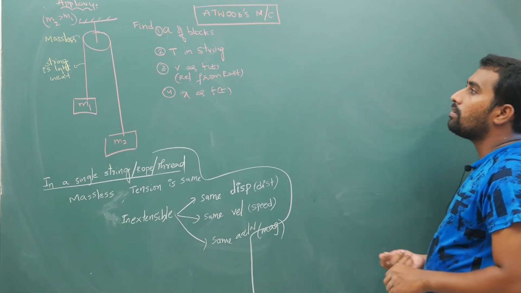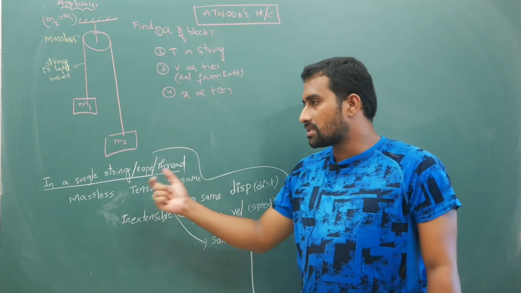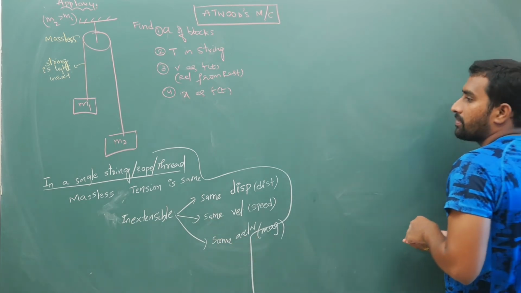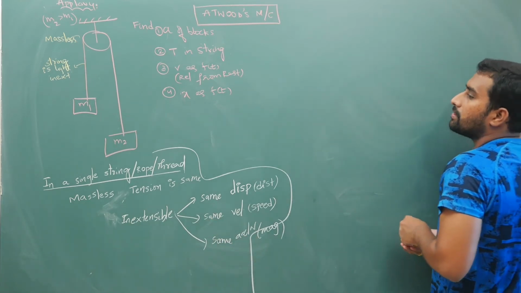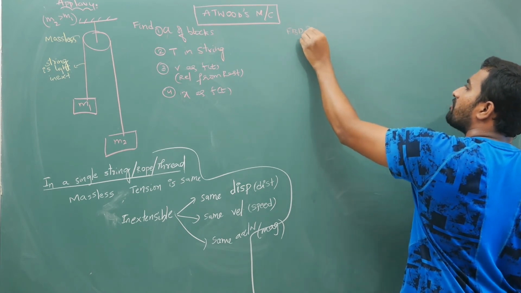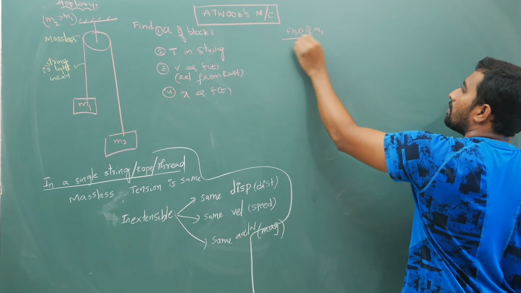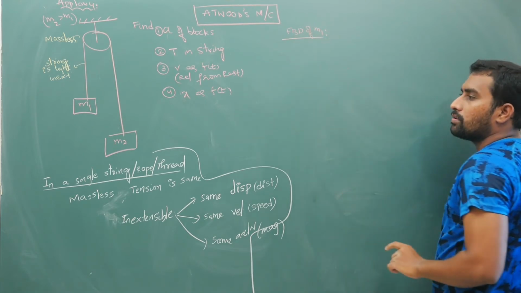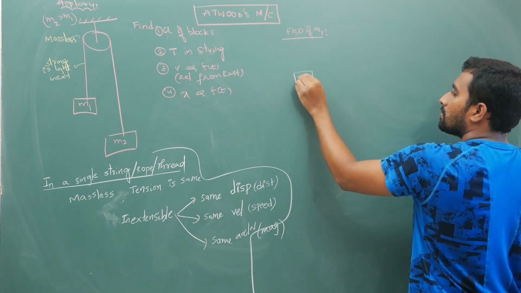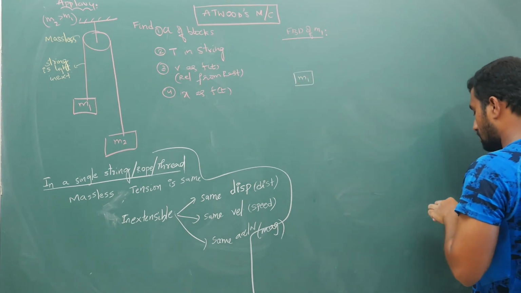Now I hope you have understood it. Copy this stuff, okay, because I need space. I will continue. So now coming to FBD of M1, while drawing FBD of body M1, consider only M1, do not look at any other bodies. So on M1, what is your direction?